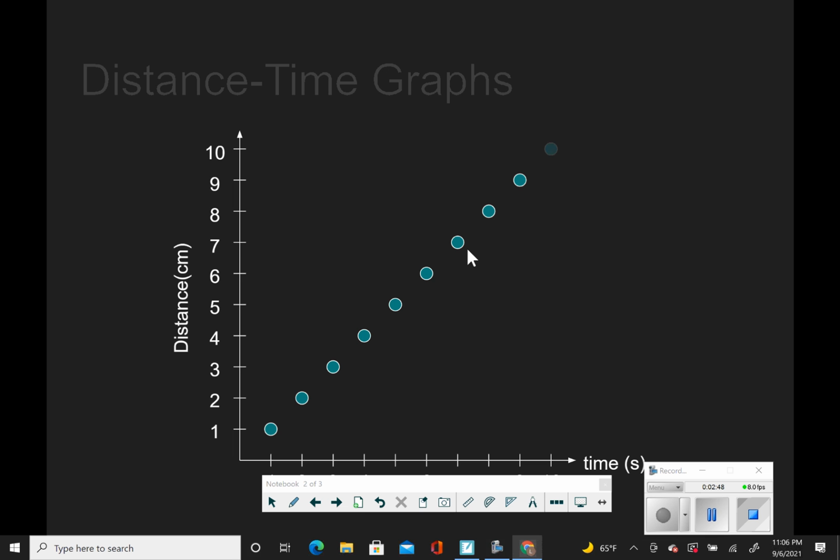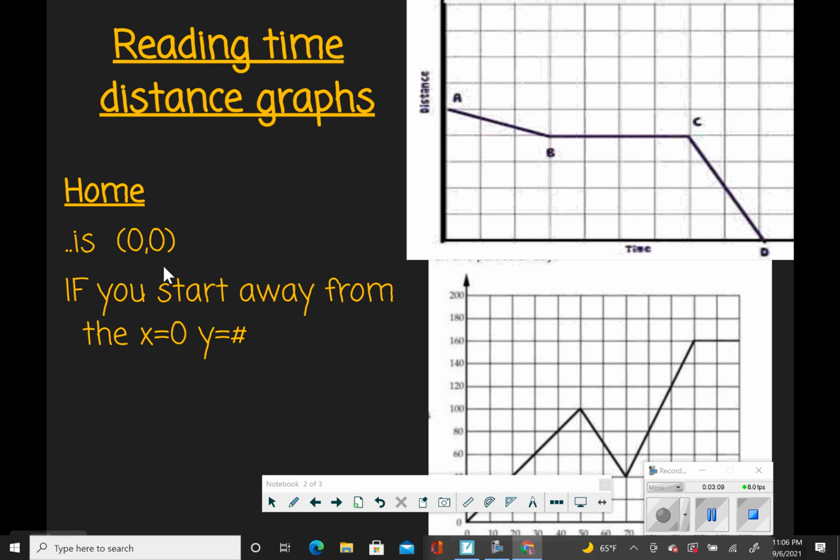Now this object is moving very consistently away from home. Think about this like a remote control car moving away from home at a very consistent rate. This straight line right here tells us that that rate is consistent. When you are reading time distance graphs, home is 0, 0.